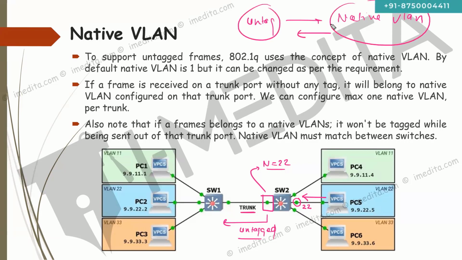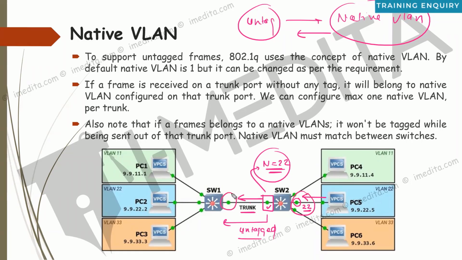Both conditions are there. Data is not going to be tagged if the native VLAN is the same as the access VLAN. Here, we configured the native VLAN as 22 on this trunk, so when the data is passed out of that trunk link, if the data belongs to VLAN 22, it is not going to be tagged.